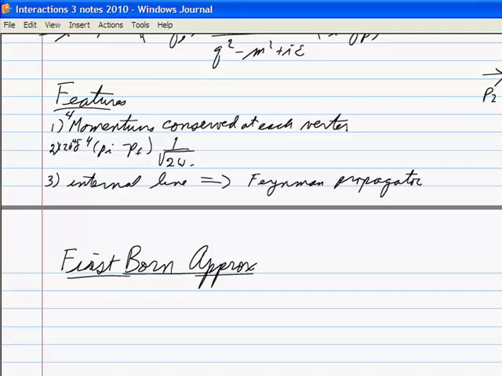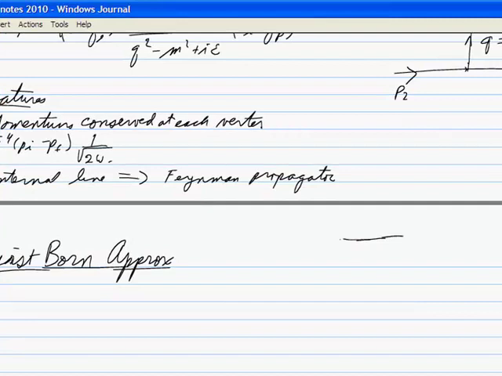Now in the first Born approximation, what we're doing is you're imagining an electron comes in, scatters, p1, p3, and the proton has been reduced to just the potential. Okay, so this is some V of r that you're scattering off of.